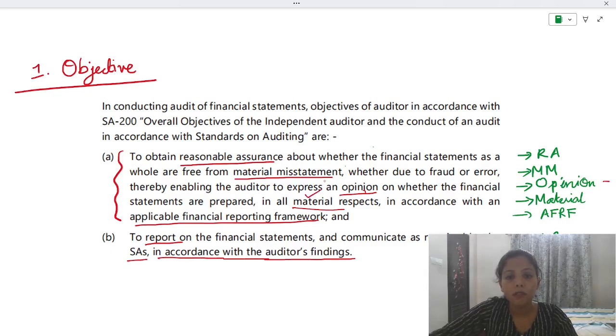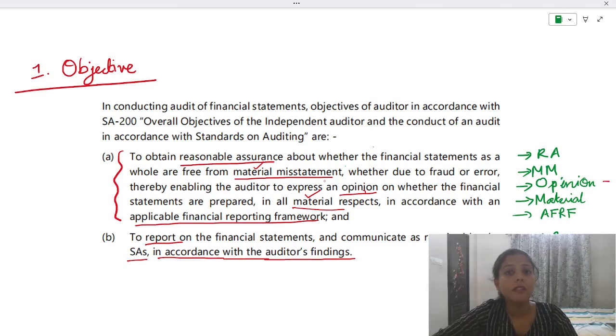What is this term material? This particular term has occurred two times. Material means something that is of significance, something that is important. For the immaterial part, the auditor does not take any responsibility. So the auditor is giving an opinion on whether the FS as a whole are free from material misstatement. Misstatement means something that is incorrect.